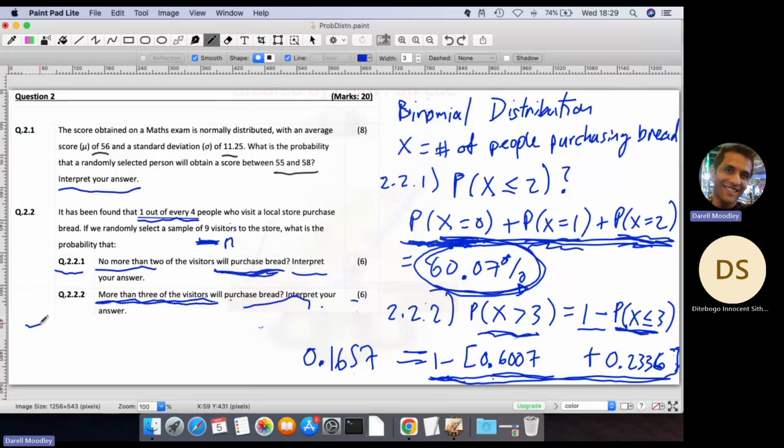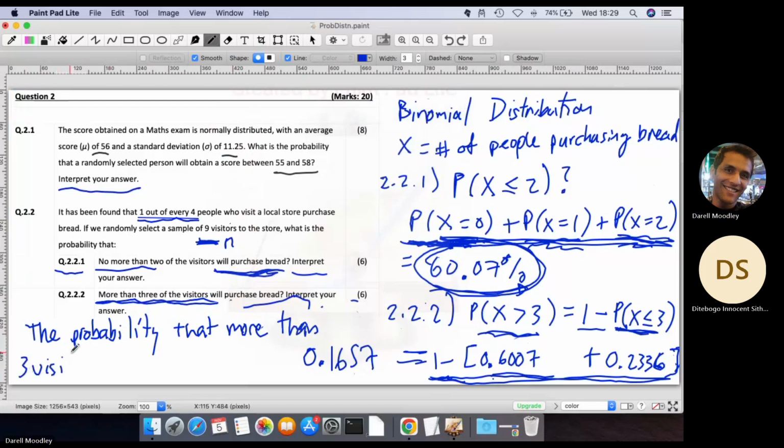The probability that more than 3 visitors will purchase bread is this value here. You can write it as a percentage if you want, or leave it as a decimal. Both would be acceptable.